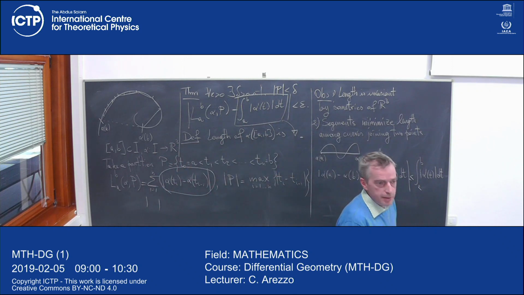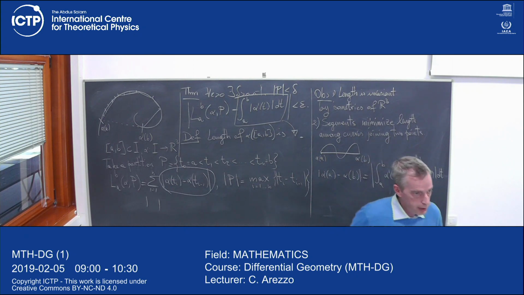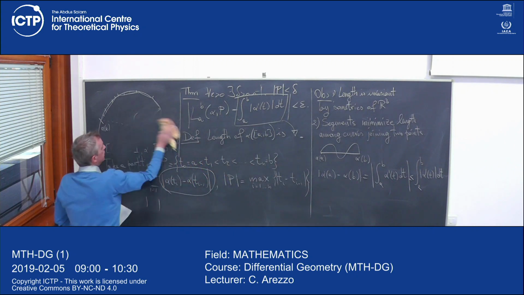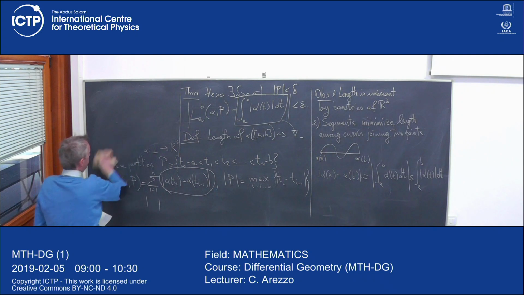Is there a best parameterization of this set? Is there a canonical parameterization of this set? So I kill this kind of freedom of moving on these sets as crazy, arctan, log, sine, okay? And actually the notion of length is the one solving the problem for us.